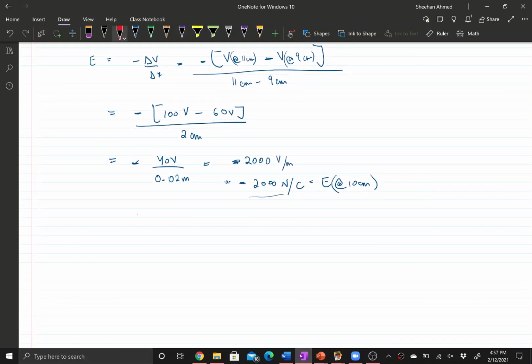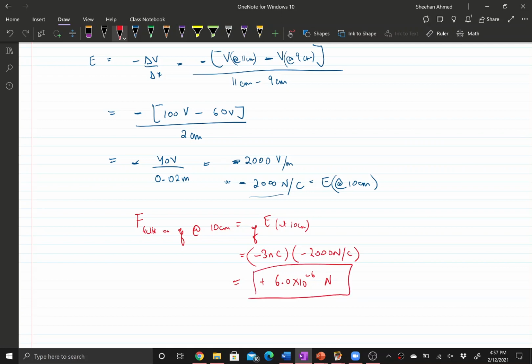And from here, I can do the force exerted by field on Q at 10 centimeter, which is given by the E field at 10 centimeter times Q. So again, same thing, minus 3 nanocoulombs times minus 2,000 newtons per coulomb, and I get, the minus minus goes away, plus 6.0 times 10 to the minus 6 newtons, and it's a force to the right. So I think I'm on the right track unless I've screwed up my numbers.